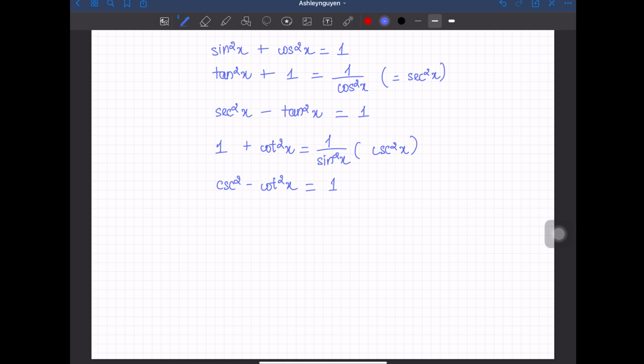And the last two, sine 2x would equal 2 sine x cosine x, and cosine 2x would equal cosine square x minus sine square x, equal to 2 cosine square x minus 1, and equal to 1 minus 2 sine square x.